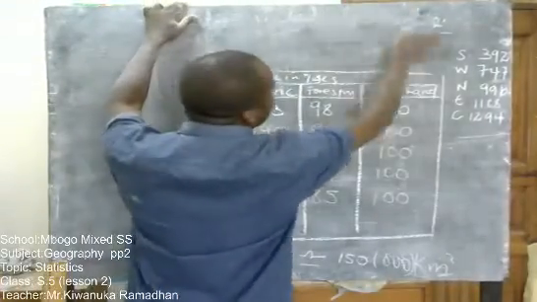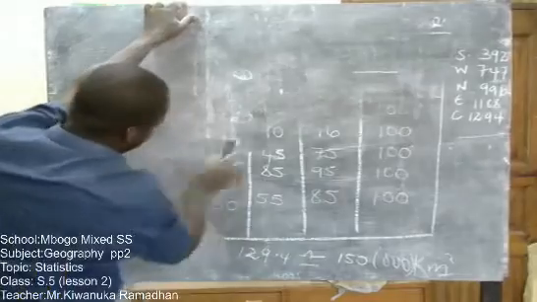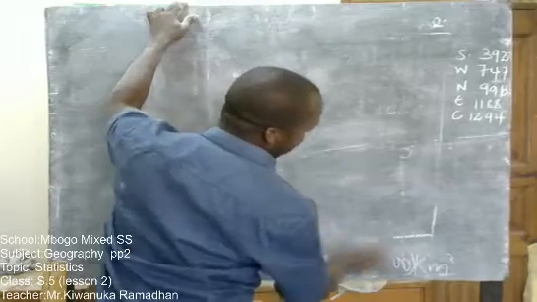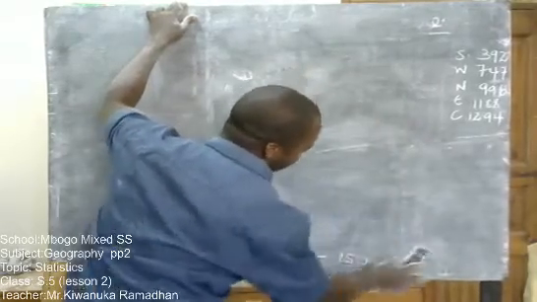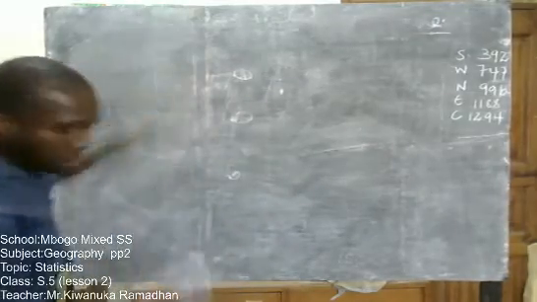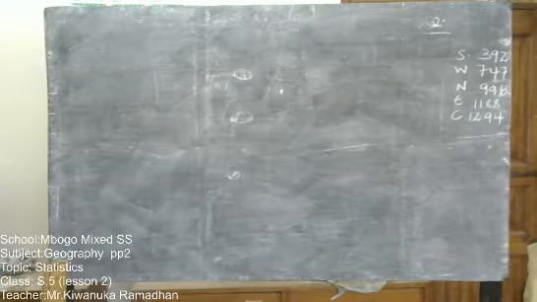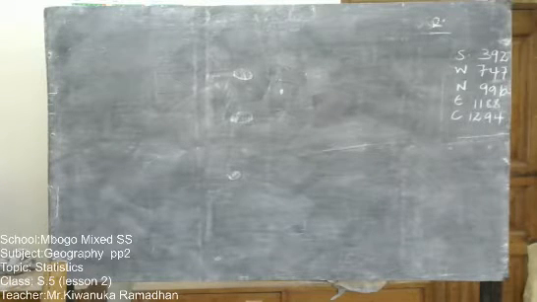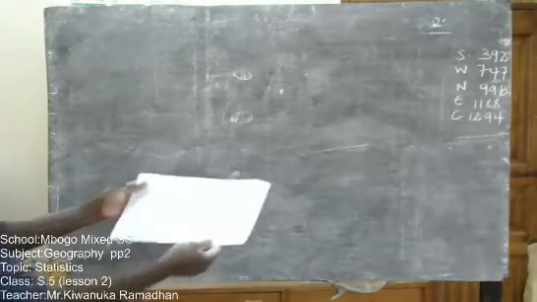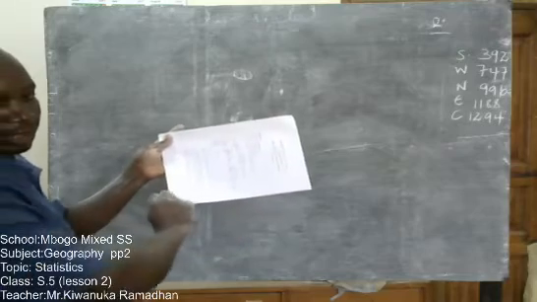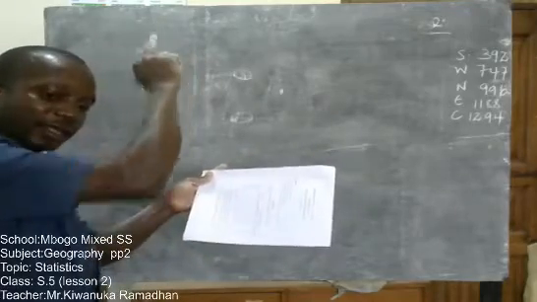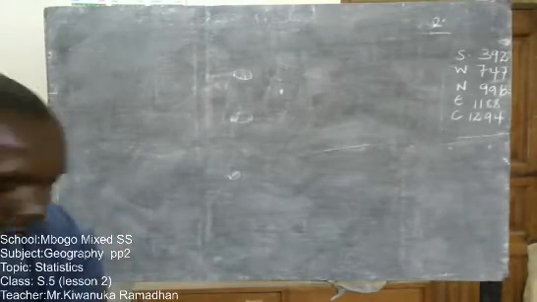Hope you have your sharp pencils with you and the graph paper. For record purposes, I'm sure everybody is using a graph book. So we are going to change the graph book. Then we use landscape like this. This is going to be our horizontal. This is going to be our vertical.